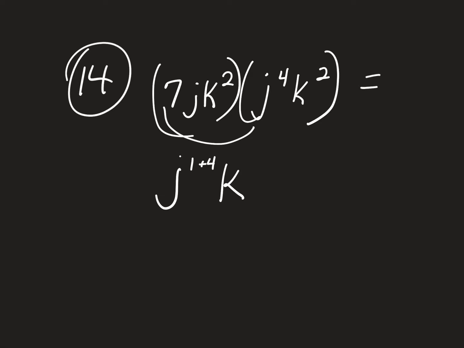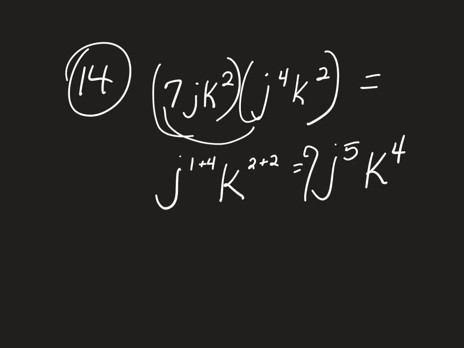K would be 2 plus 2, which equals j to the 5th, k to the 4th, with a 7. Okay, any other problems? Guys, it's the time to make sure you understand.